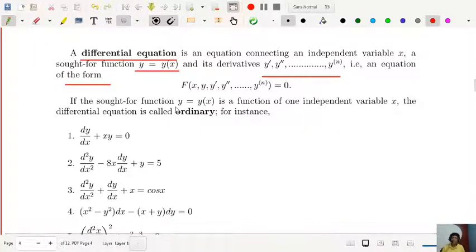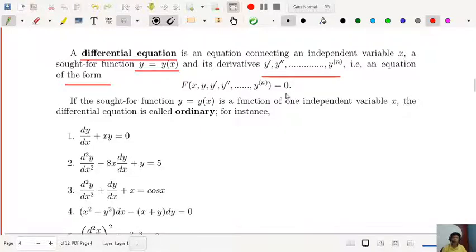That is, a differential equation is an equation connecting an independent variable x and a function y equal to y of x and its derivatives. Maybe it's a first order, second order, third order, nth order derivative.